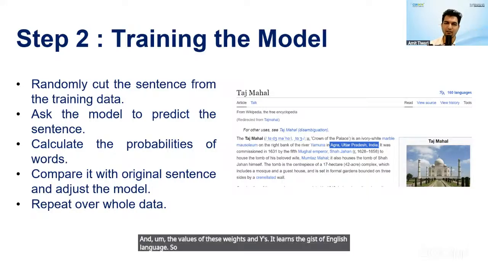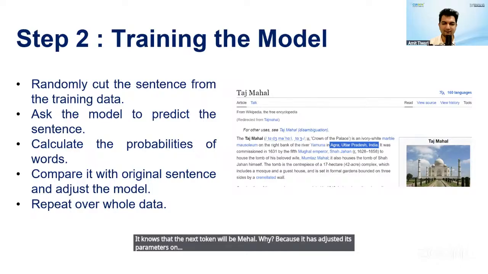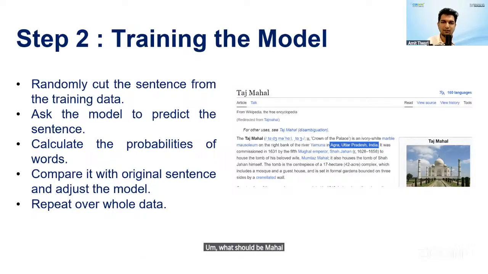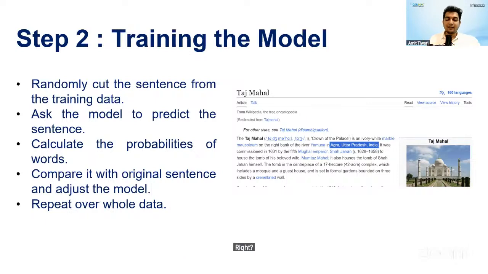So if I say "the Taj", it knows that the next token will be Mahal. Why? Because it has adjusted its parameters by training on all the text that is there in the English language. It knows that after Taj, the next word should be Mahal, because this is what it has learned in this training. And we train this on all these GPUs that are there, and it's a really rigorous process.